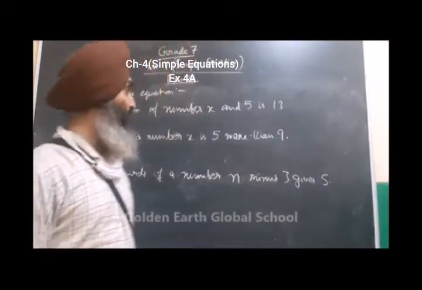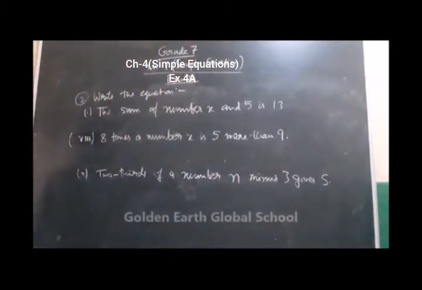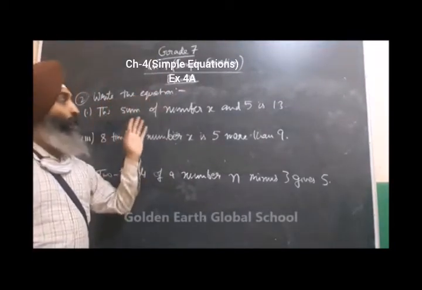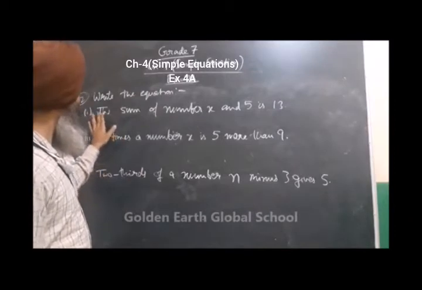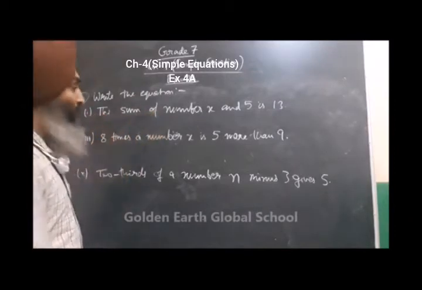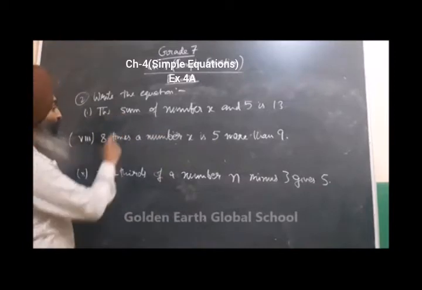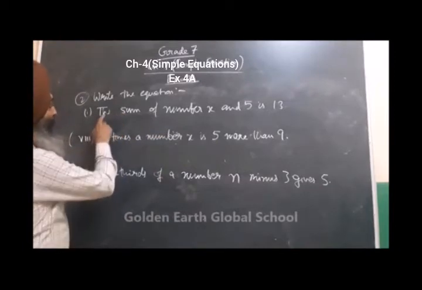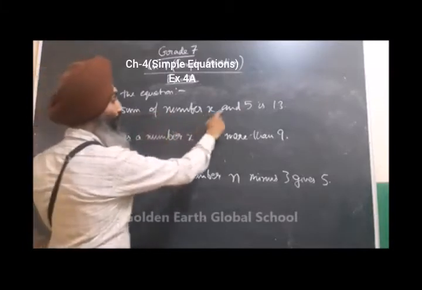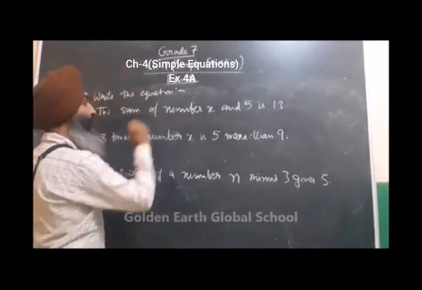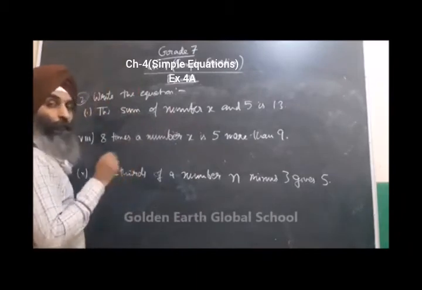Okay. So now let's discuss the second question, in which you have to write the equation. Actually you are given an English line, and you have to write the equation from this line. The sum of number x and 5 is 13. So this statement is given, you have to write it in numerical form.